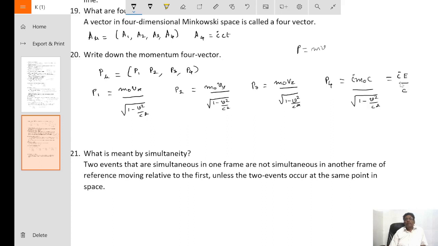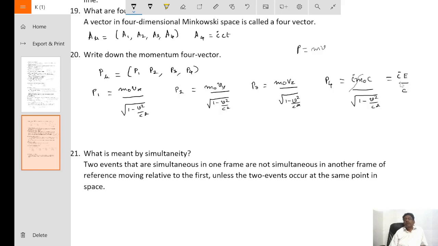Here m is replaced by m0 / √(1 − v²/c²). The x component of momentum is P1. Then P2 is m0 vy / √(1 − v²/c²). P3 is m0 vz / √(1 − v²/c²). P4 is i m0 c / √(1 − v²/c²).